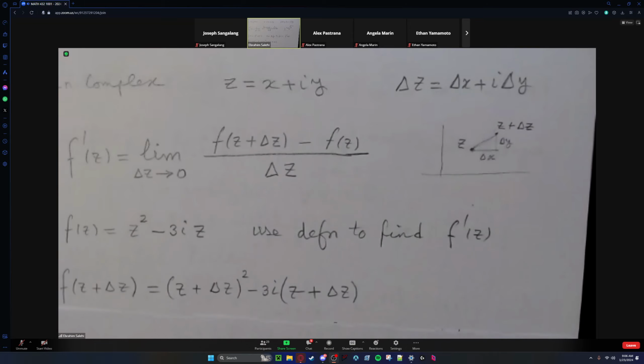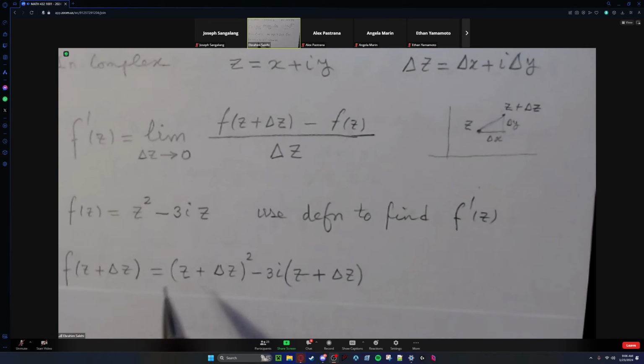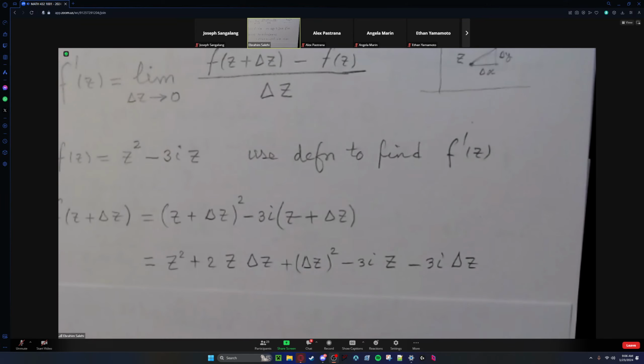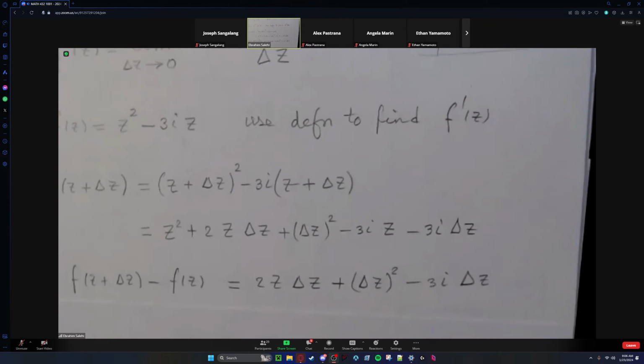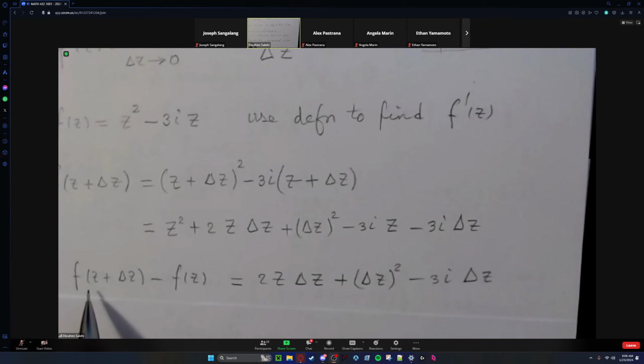And this is what you get: z plus delta z squared minus 3i times z plus delta z. You simplify this, you square it, multiply out, put the real part together, imaginary part together, all right? Or even if you don't want to do that, remember in the numerator we need f of z plus delta z minus f of z.